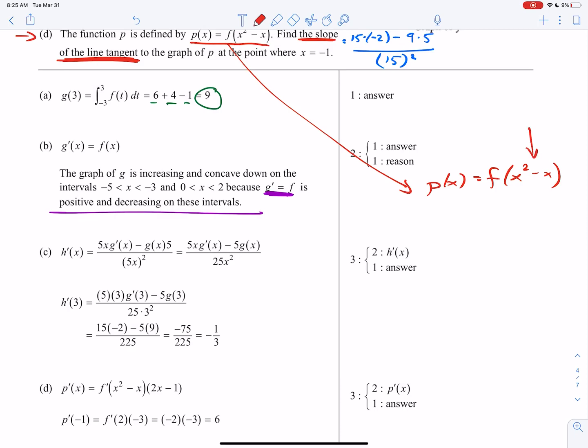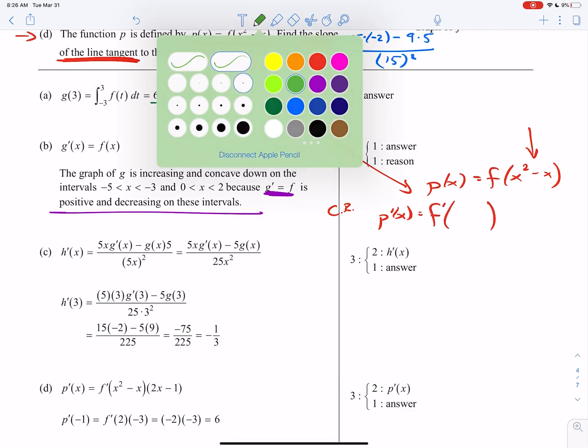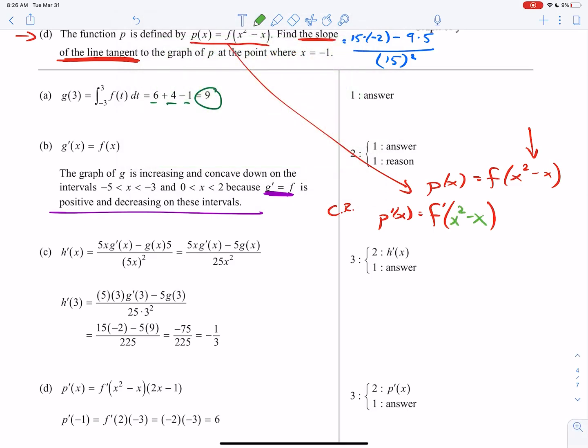I notice that there's a function inside of another function. So this is going to require the chain rule. Okay? So P prime of x will equal the derivative of the outside of the same inside times derivative of the inside, which is 2x minus 1.